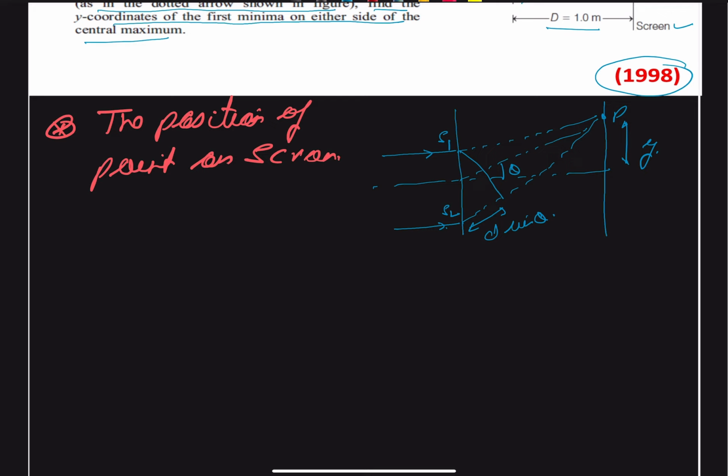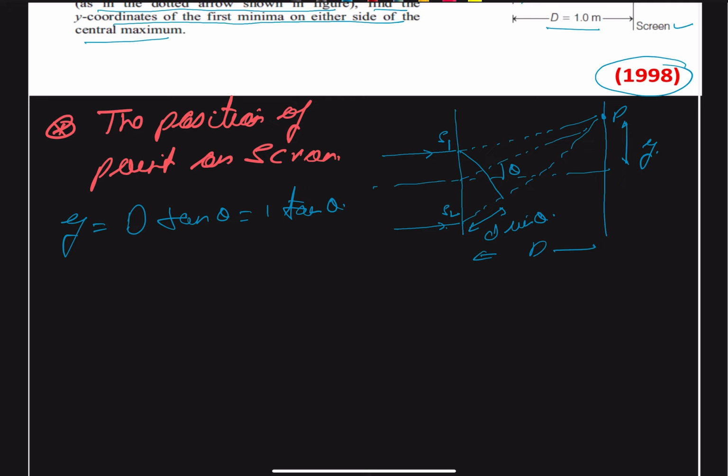We can write this as y equal to D tangent of theta, and D is given to us because this is our capital D, this is our 1, so this comes as tangent of theta.